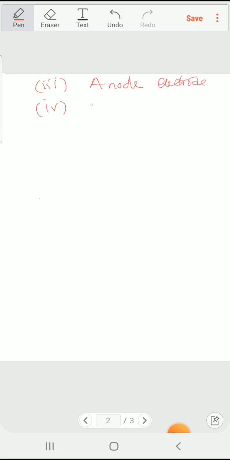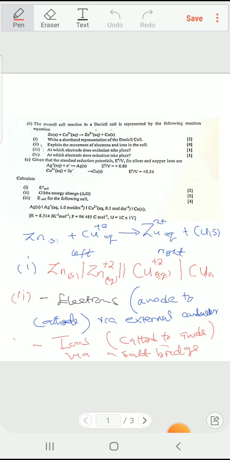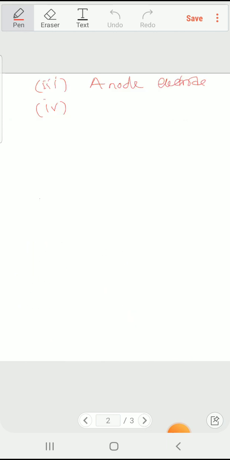That's your answer. Then the next question, question 4, says at which electrode does reduction take place? So here is what? Cathode. Remember the drawing I drew, we had this. So cathode electrode, that's where reduction takes place.